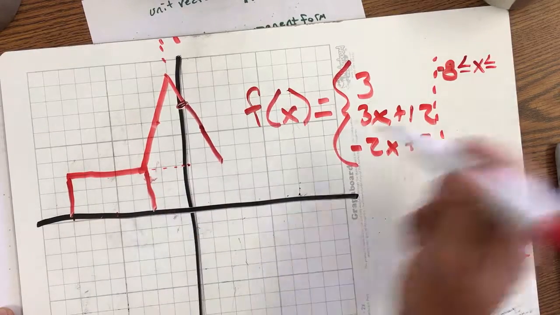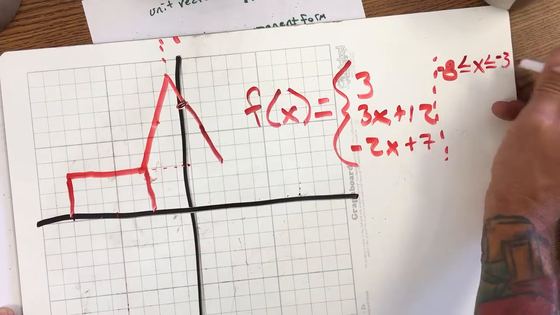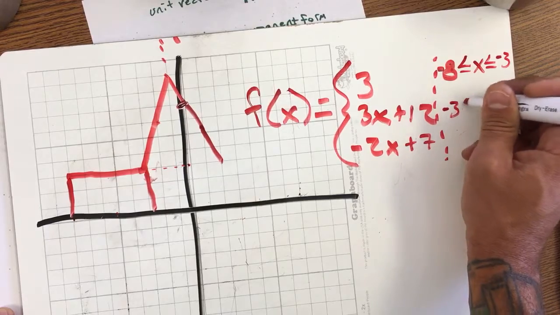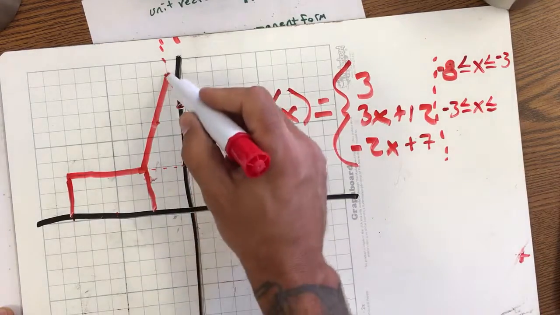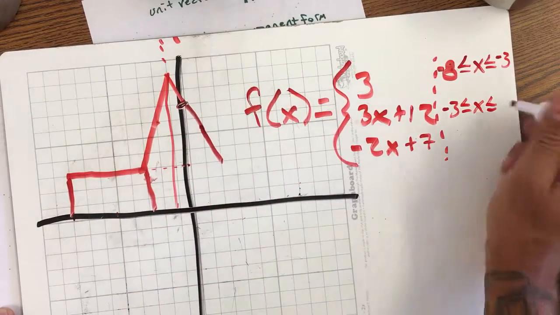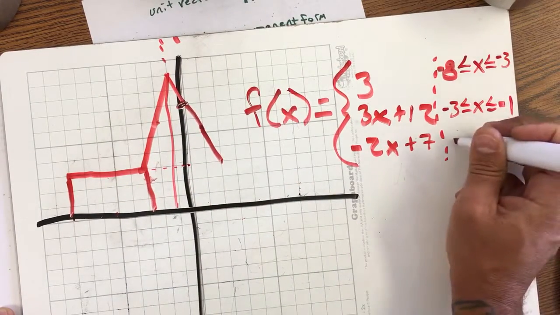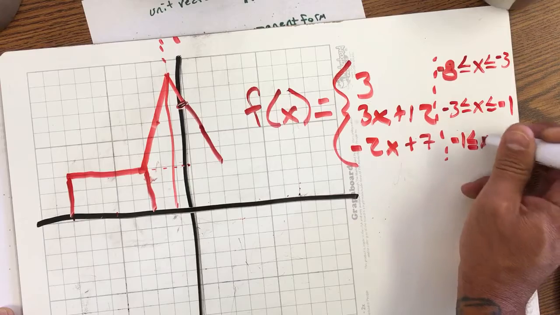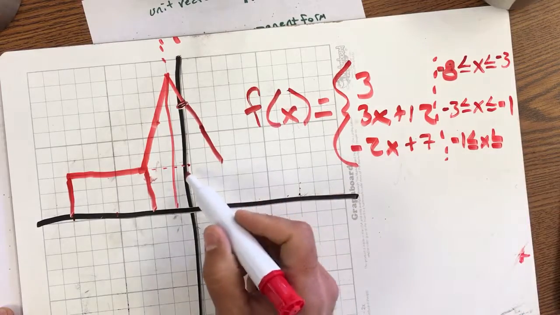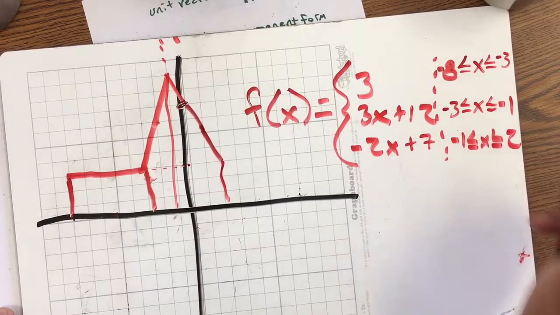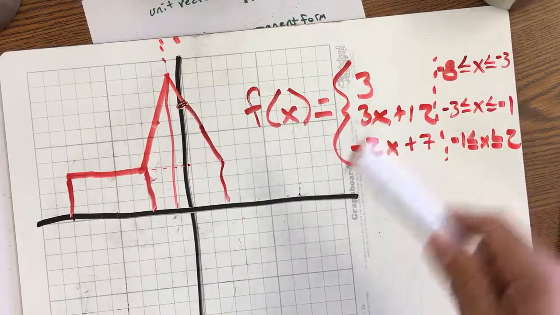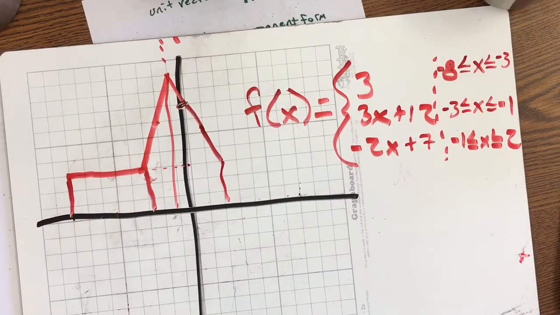This is at negative 3, which means this one starts at negative 3 and goes to right here, which is negative 1. This one starts at negative 1 and goes to right here at 2. But that's it. That's all that we're doing. Should be fairly simple. We're just going to write the functions from the graphs.